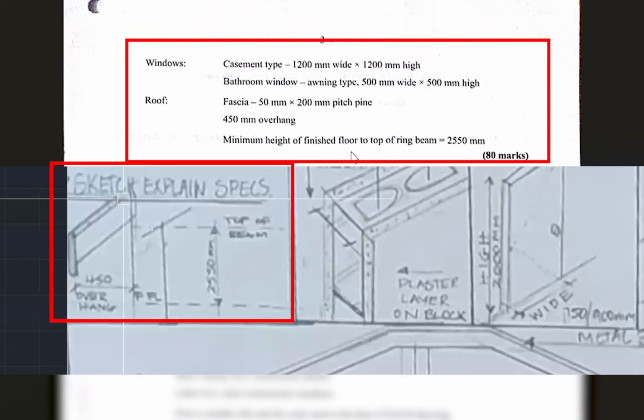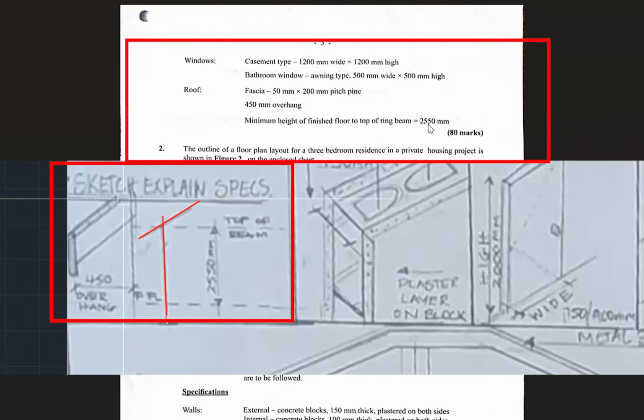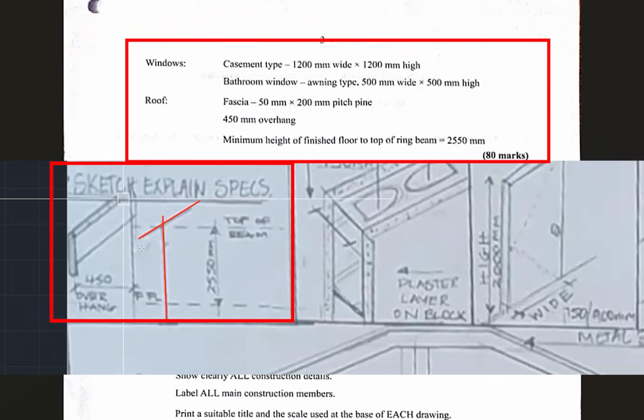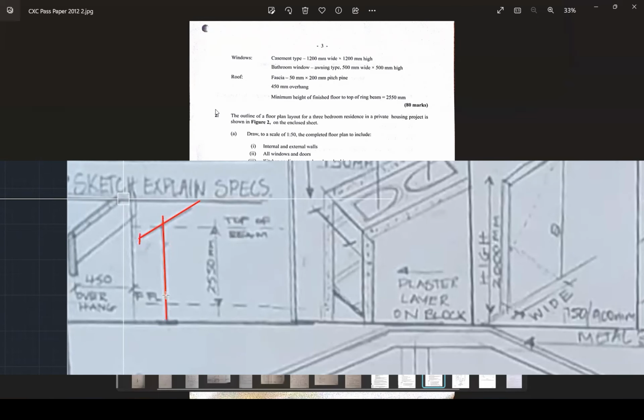Minimum height of finished floor to top of ring beam, 2,550 millimeters. Now we are not going to be focusing on question 2 because we're not going to answer question 2. So let's skip question 2.